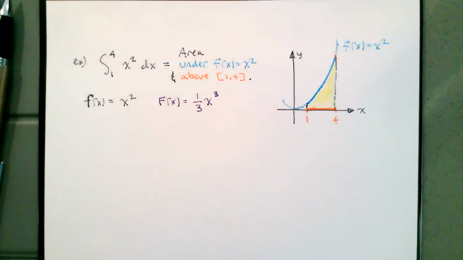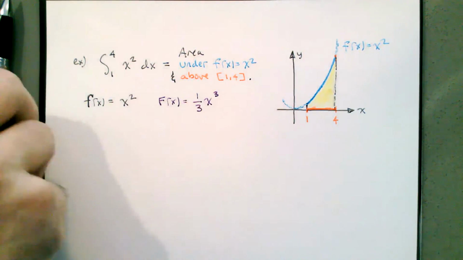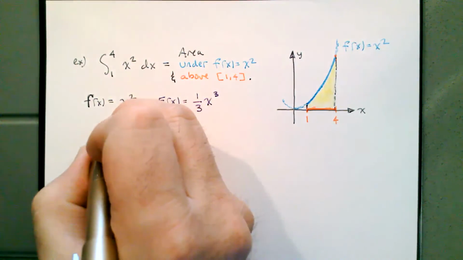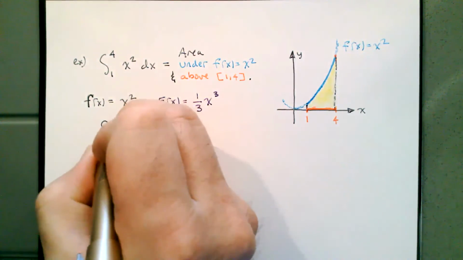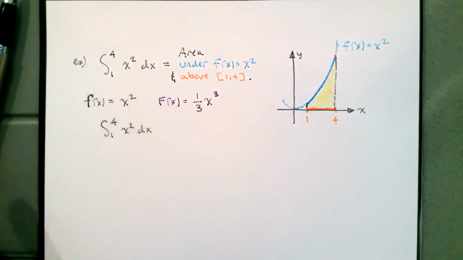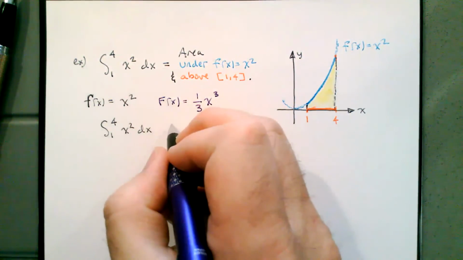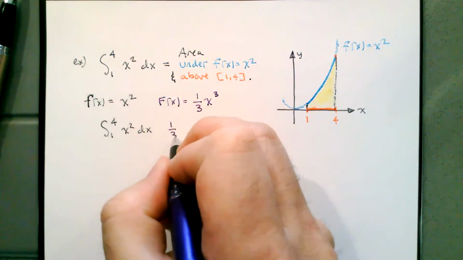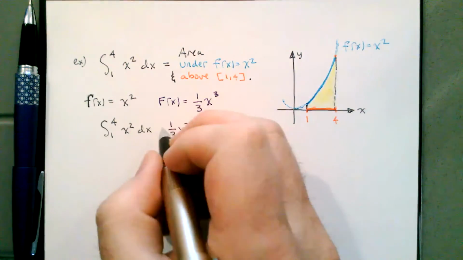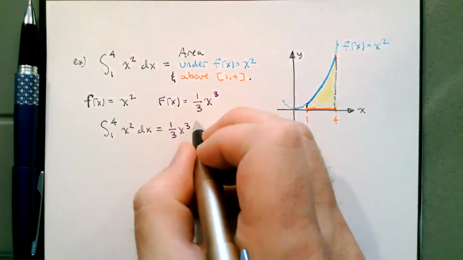So our antiderivative is 1/3 x to the third. Now we can use the fundamental theorem of calculus. So the integral from 1 to 4 of x squared dx is going to be 1/3 x cubed evaluated from 1 to 4.